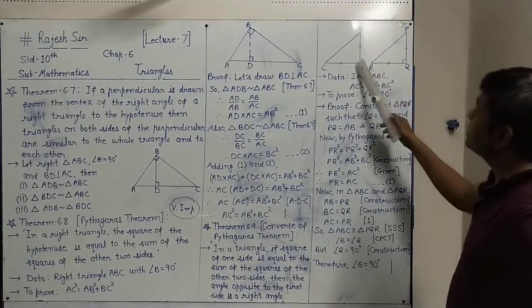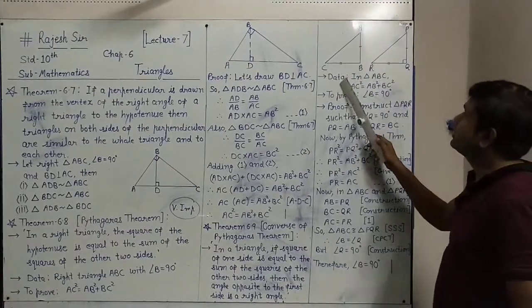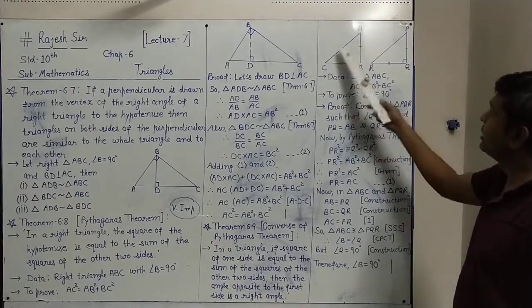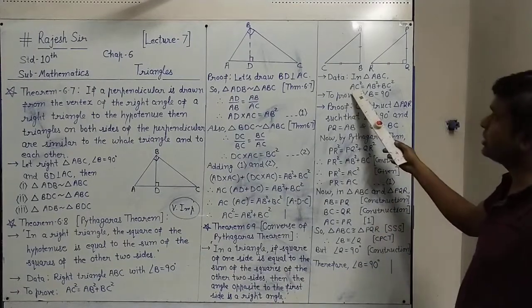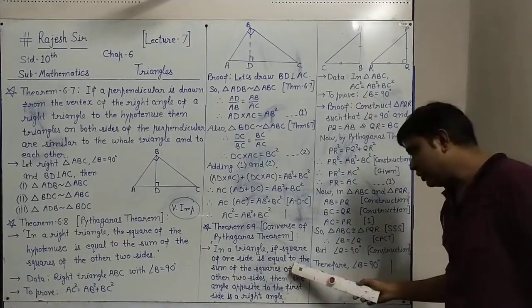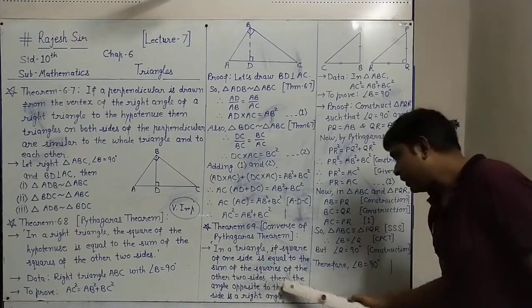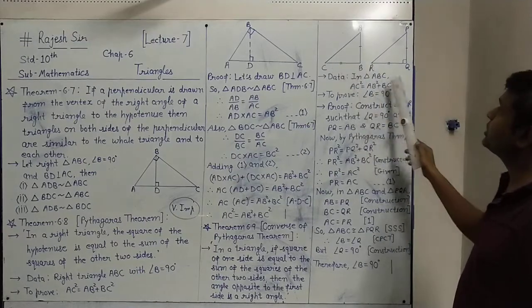Let triangle ABC be given. In that, the data given is that in triangle ABC, AC square, that is the square of one side, is equal to the sum of the squares of the other two sides, that is AB square plus BC square.